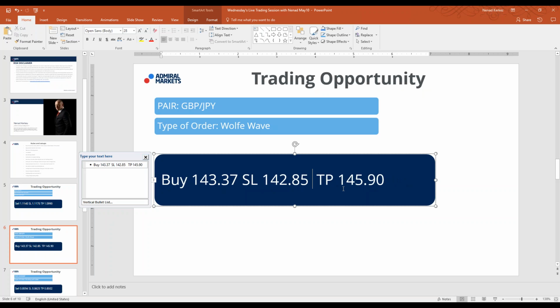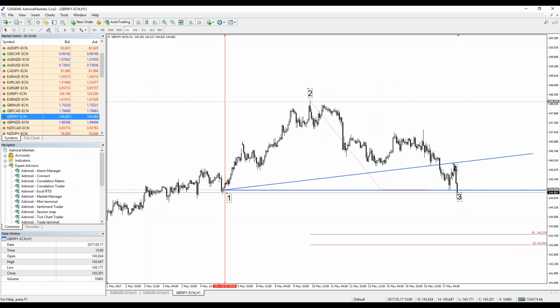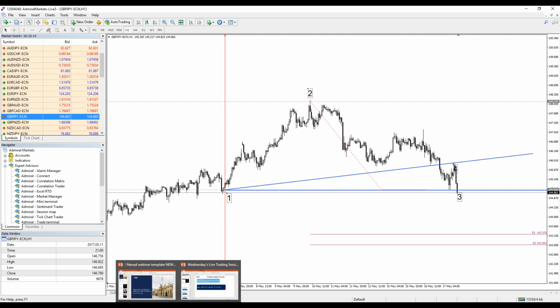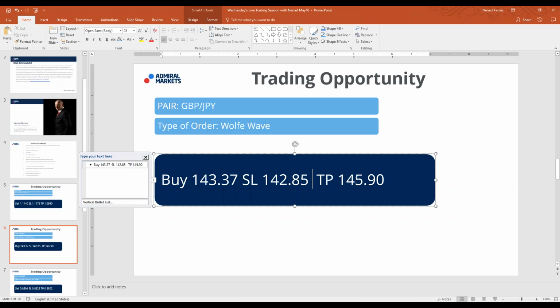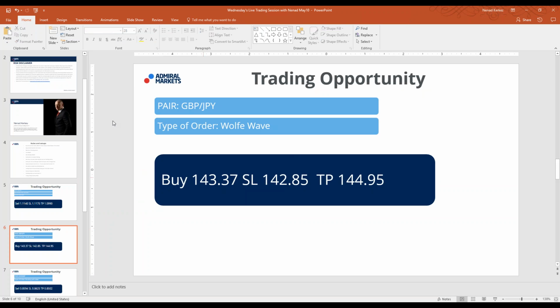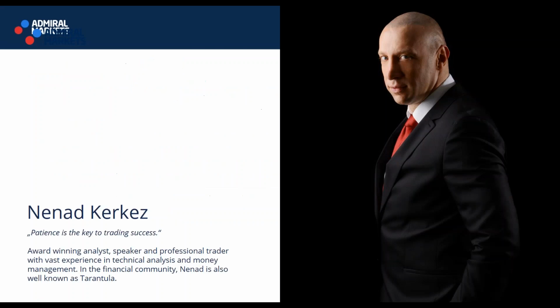Okay, yes, this is okay. And TP is changed in this. If this happens, TP will be the 1 to 3 trend line, 144.95. Okay, this is what I will do if we see a slow grind, not a sudden big spike into the market. So still waiting. Okay.